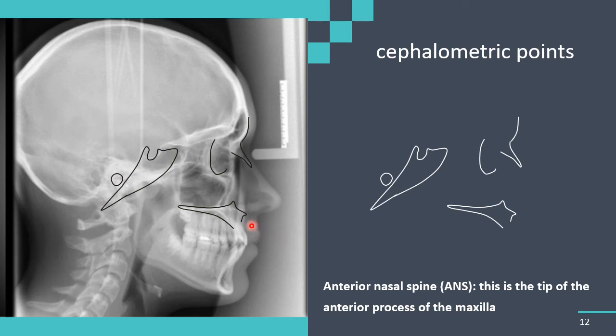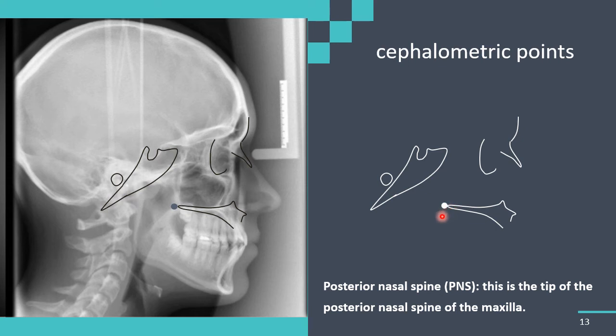The anterior nasal spine represents the tip of the anterior process of the maxilla, or the most anterior part of the maxilla, which is the ANS point. Another point in the cephalometric radiograph is the posterior nasal spine point, or PNS point, and it represents the tip of the posterior nasal spine of the maxilla.